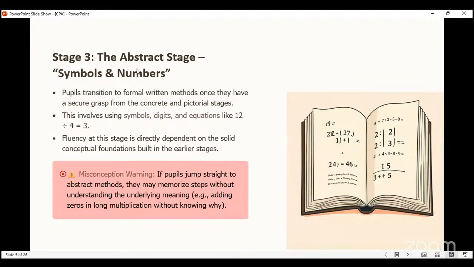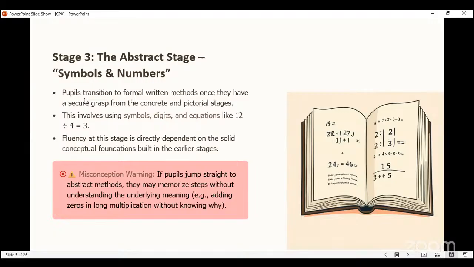The abstract stage is stage 3 of the CPA, and it helps the children to transition to the formal written method. Once they have a secure grasp of the concrete and the pictorial stage, they transition to the formal written methods, which are the algorithms or sums or equations that we see.